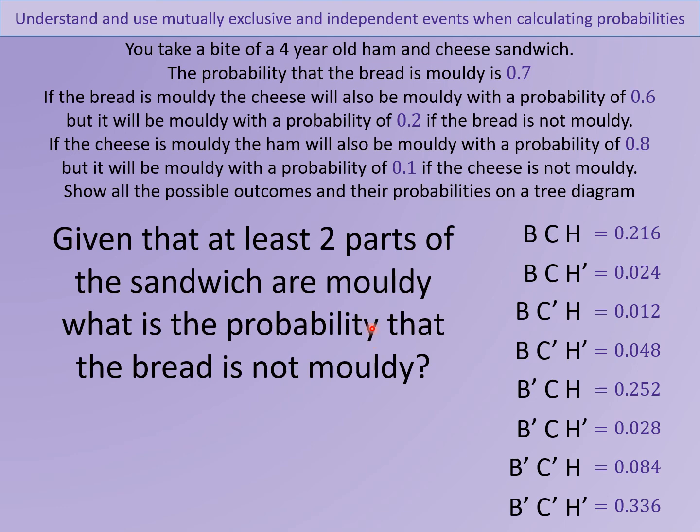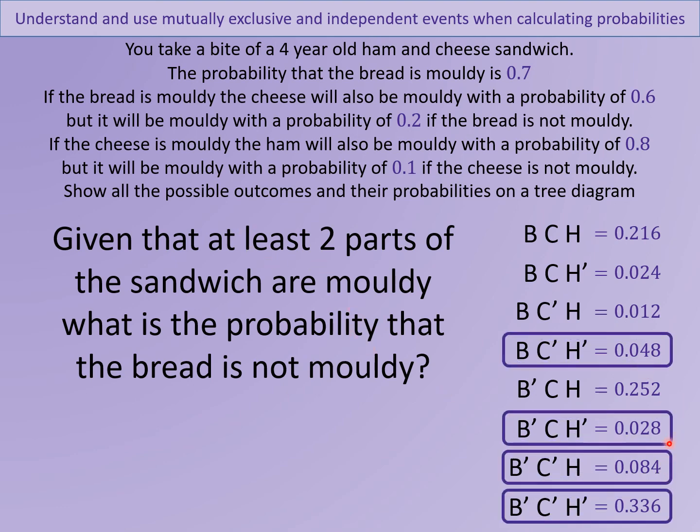We could have all 3 of them mouldy because it's at least 2 parts. So it could be any of those 4 situations that you've got in front of you. What you want to do now is find out whether the bread is okay in those situations. So the only one of those situations where the bread is okay is that top one, the 0.048.